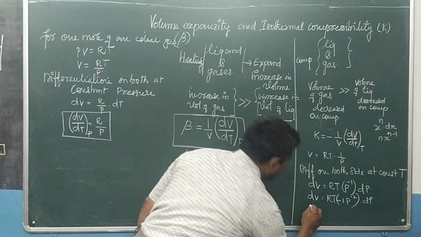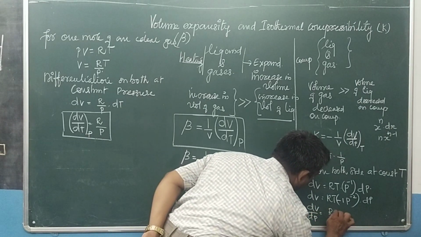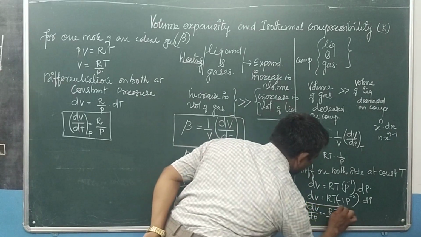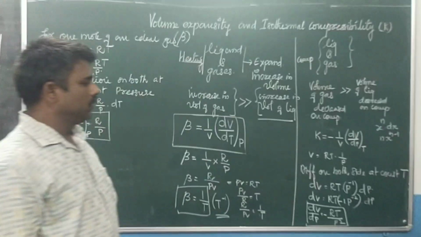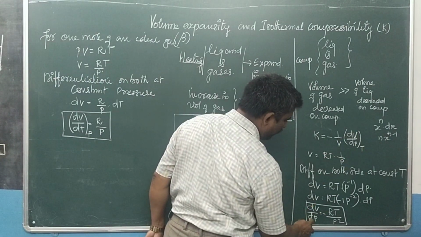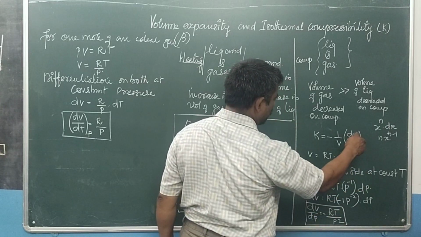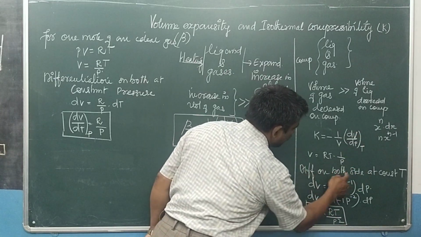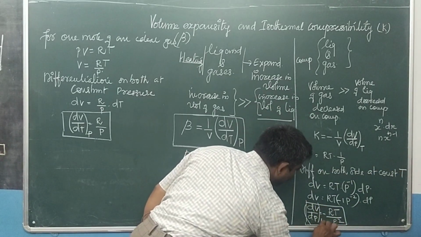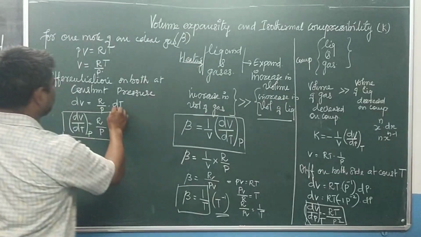So dV by dP is equal to minus RT by P square. I am going to substitute here, at constant temperature.